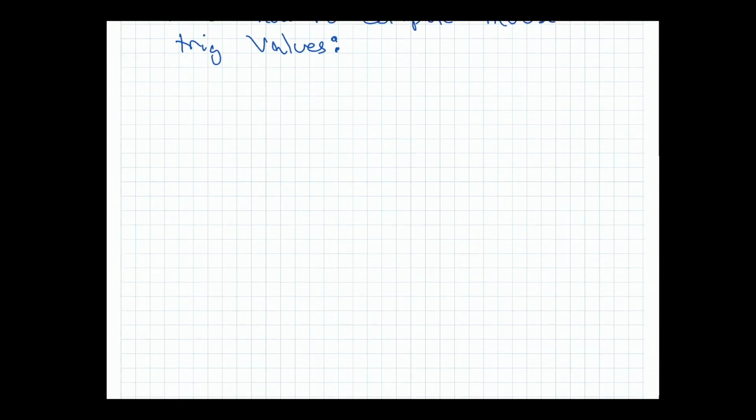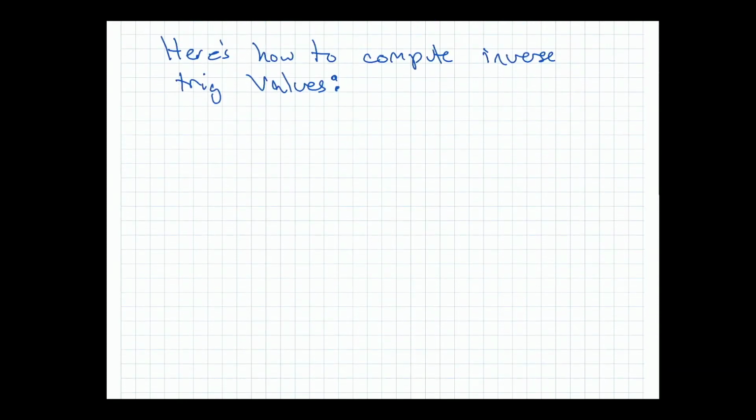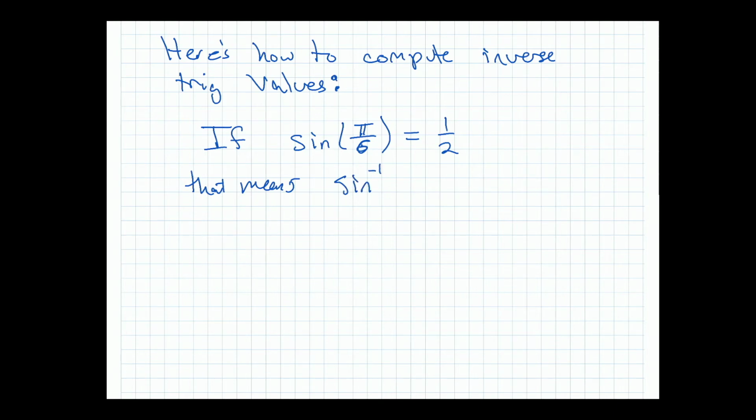Let's say sine of pi over 6. Do you know what sine of pi over 6 is? Sine of pi over 6 is 1/2. That means that sine inverse of 1/2 is actually equal to pi over 6. So it's working backwards, right?